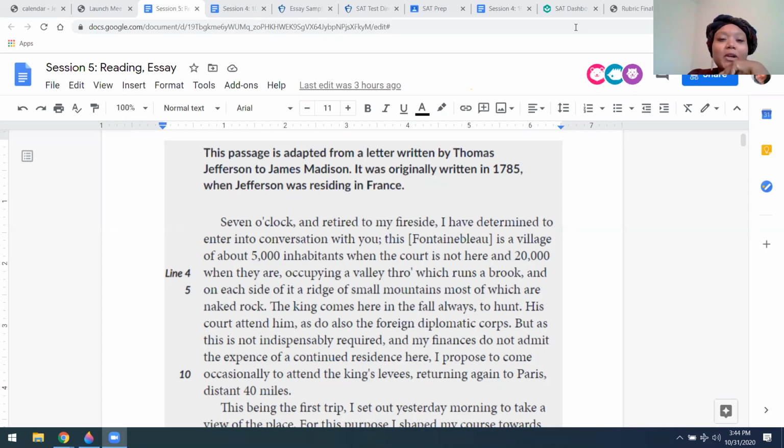We're just reading the first paragraph. I'm not able to get a mood yet with the first paragraph. You're not able to get a mood? Or a tone. I'm not able to find it yet.